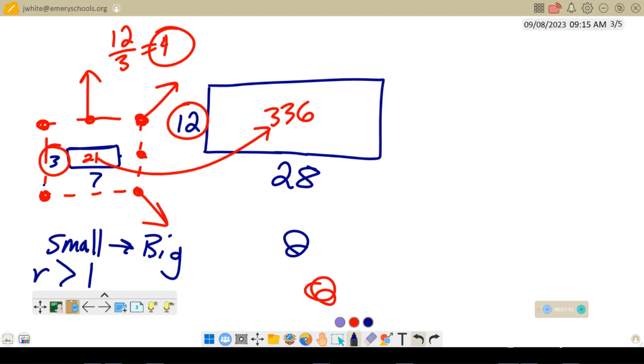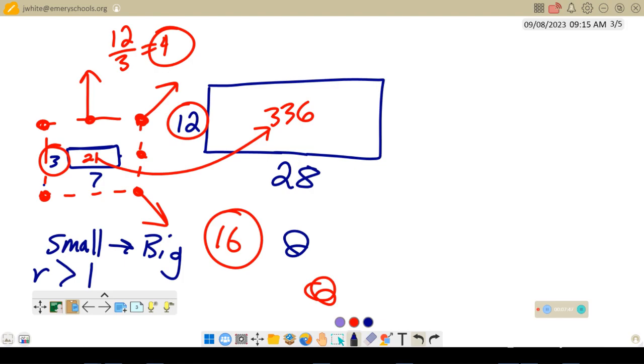Well, if I take 336 and divide it by 21, I get 16. Why did I get 16 for the area? Oh, so the ratio of dilation, also called the scale factor, is 4 for the bottom and 4 for the side. So this is a two-dimensional shape. The left-right got 4 times bigger. The up-down got 4 times bigger, which means the area is 16 times bigger.